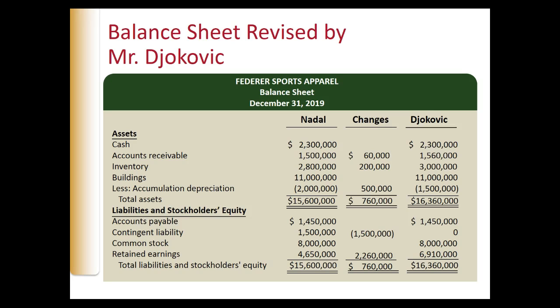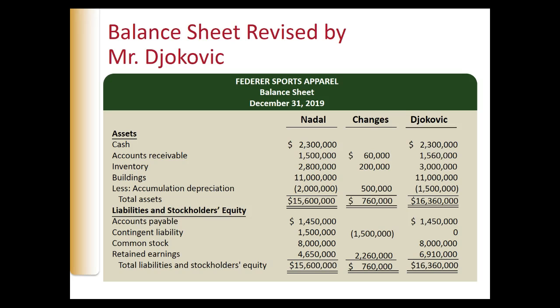How do positive changes to net income affect the balance sheet? Well, this slide presents the balance sheet prepared by Mr. Nadel, the effect of the aforementioned accounting changes, and the updated balance sheet prepared by Mr. Djokovic. The balance sheet also improves from the proposed adjustments.